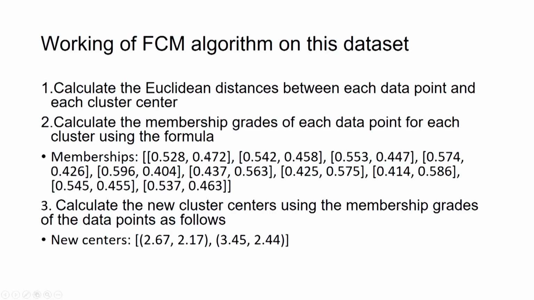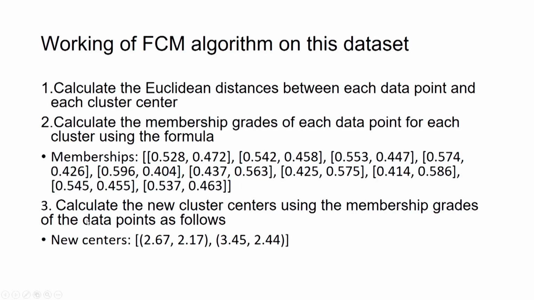Although there is not much difference, there are more chances that, using the membership value, if we want to assign this point to one of these clusters, we will assign it to cluster 1.